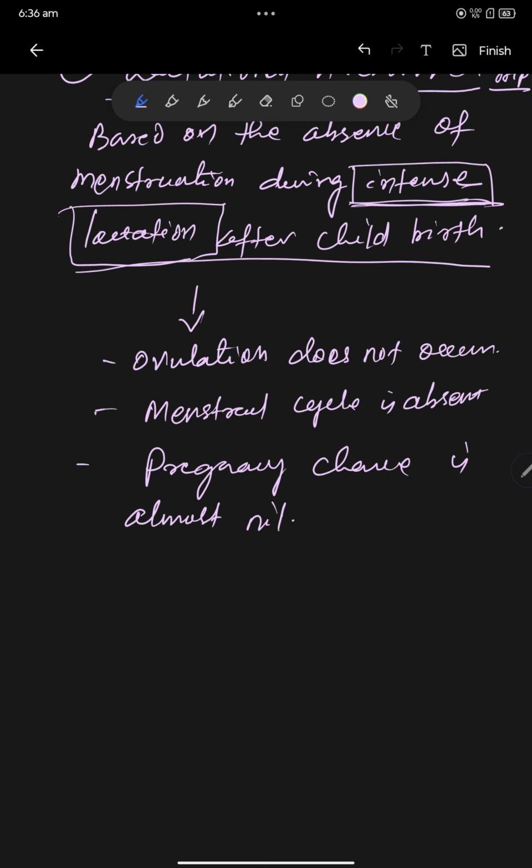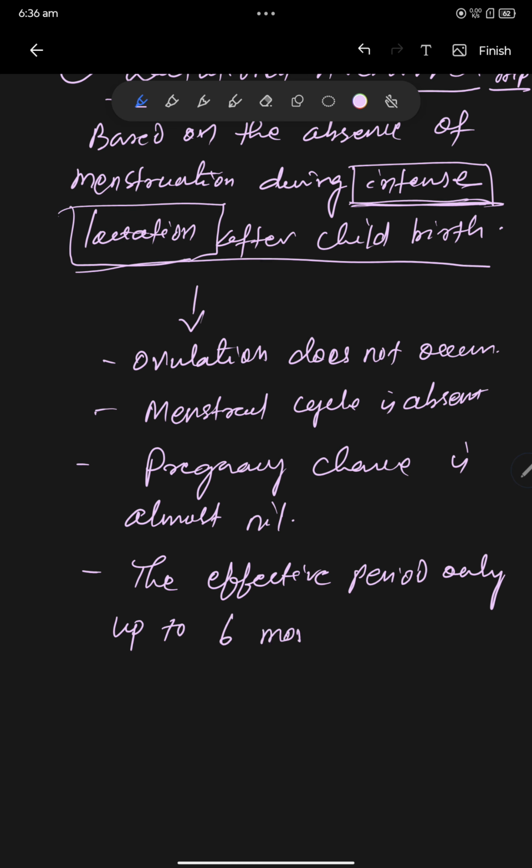So what is the effective period? The effective period is only up to 6 months after parturition.